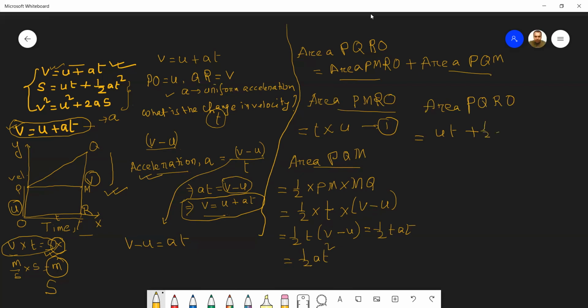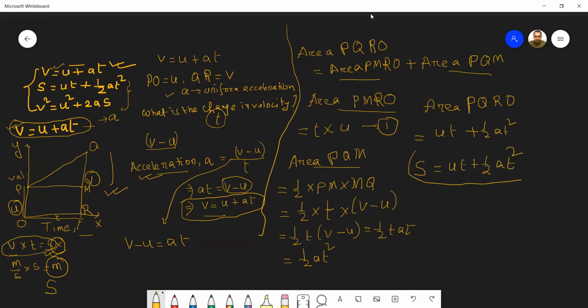The area of this space PQRO gives us the distance that the object has covered at time t. So S equal to UT plus half AT square.